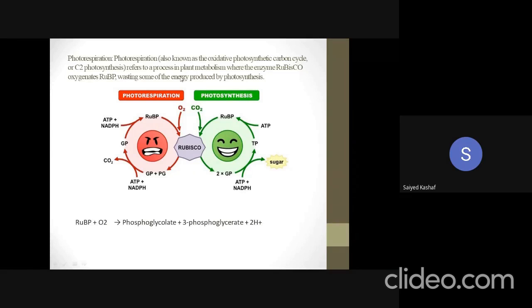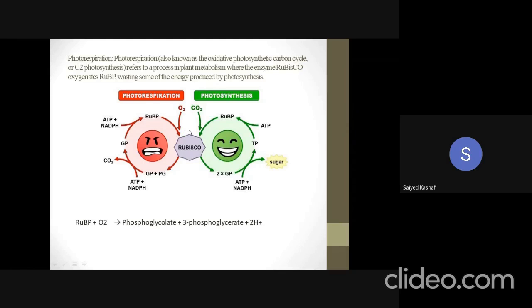This photorespiration, also known as the oxidative photosynthetic carbon cycle or C2 photosynthesis, refers to a process in plant metabolism where the enzyme rubisco oxygenates RuBP, wasting some of the energy produced by photosynthesis. How will it happen, that we will discuss. We know that rubisco shows a dual nature, carboxylation as well as oxygenation, right?